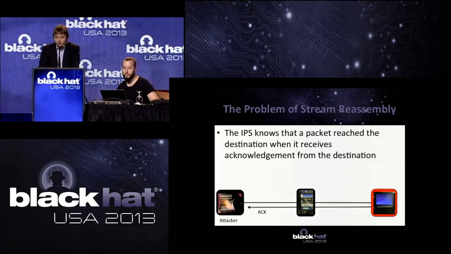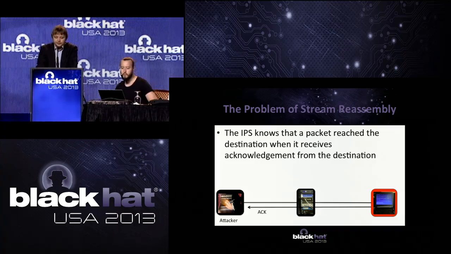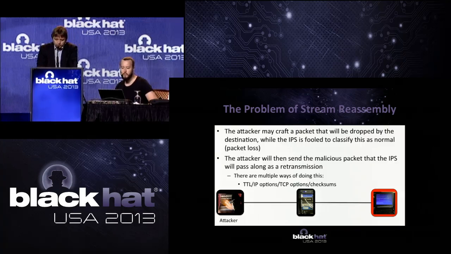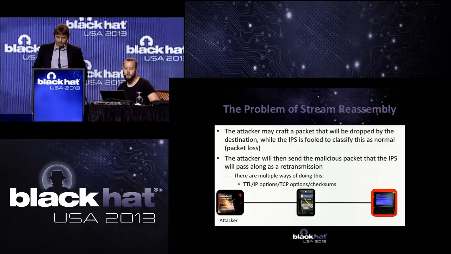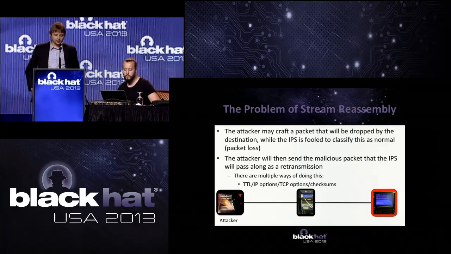The IPS knows that a packet has actually reached the destination when it receives an acknowledgement from the destination. Only when the ACK packet has been seen does the IPS know that a certain TCP segment actually reached the target host.